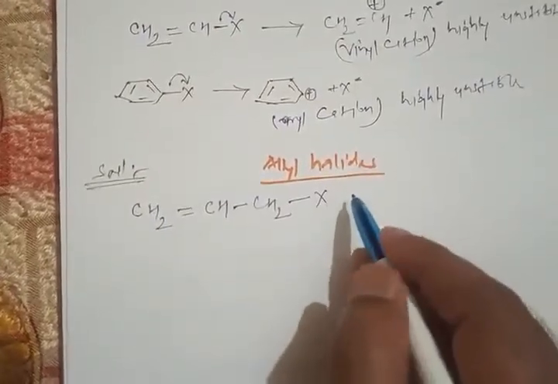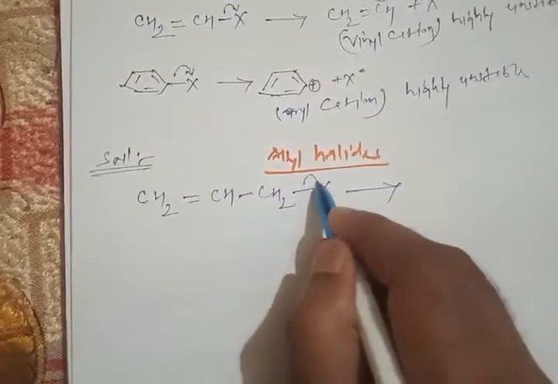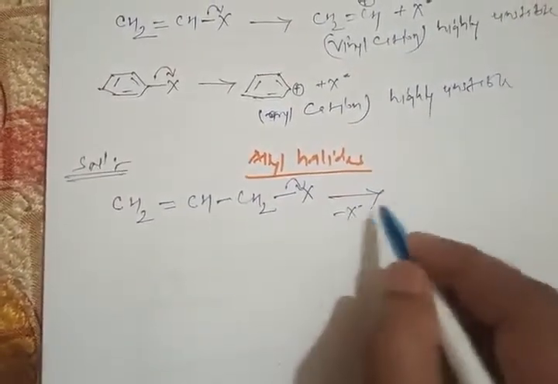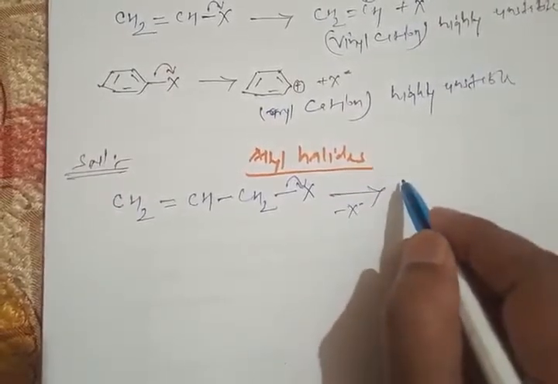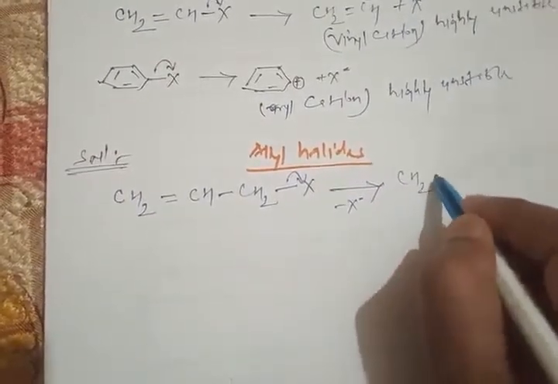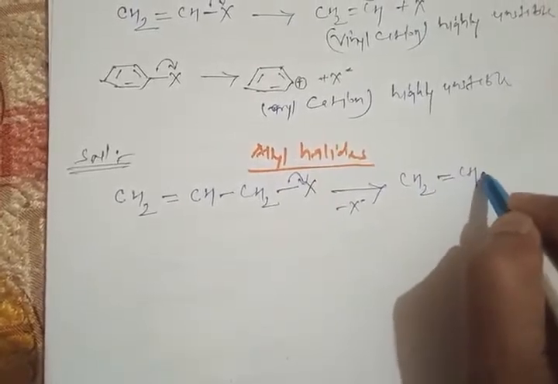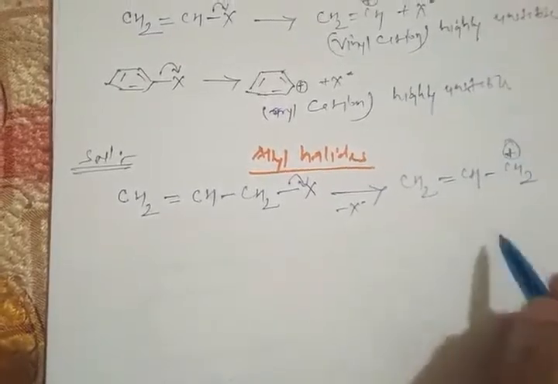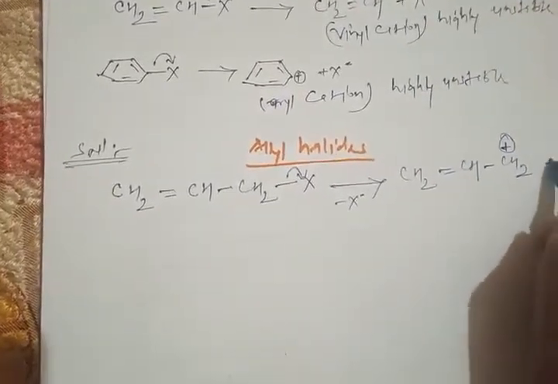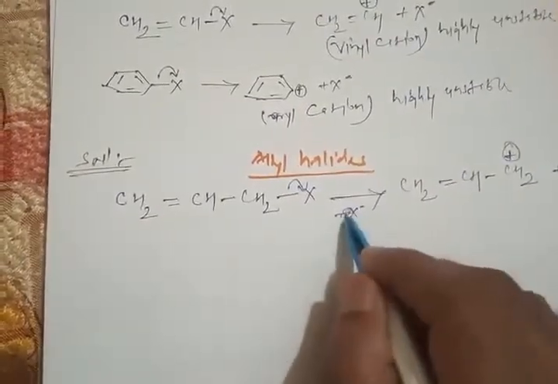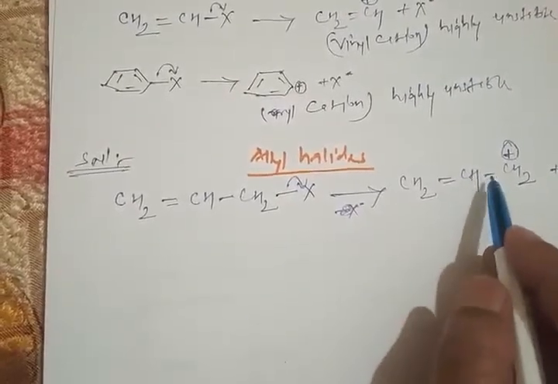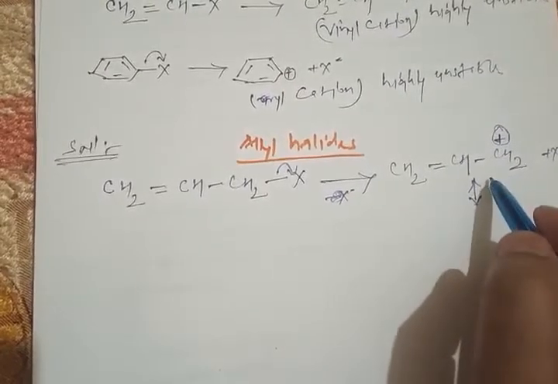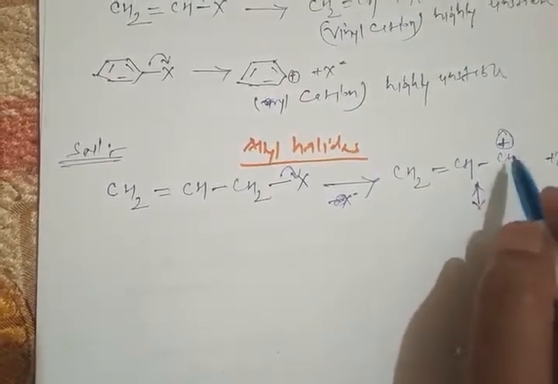So as this X halide is released, this will give you CH2 double bond CH single bond CH2 with a positive charge. Okay, X is released out, and this is resonance stabilized.